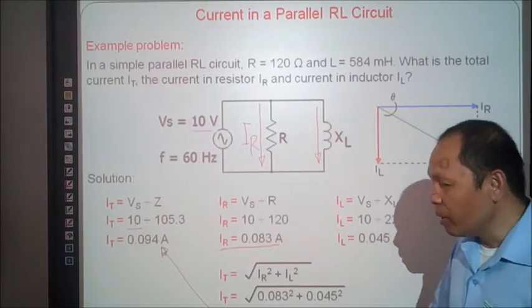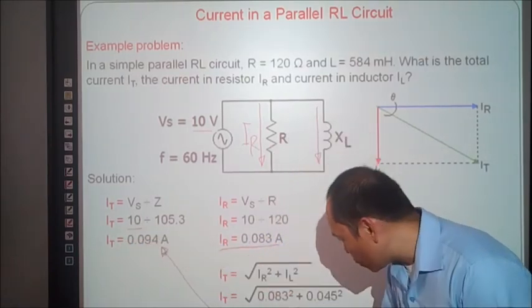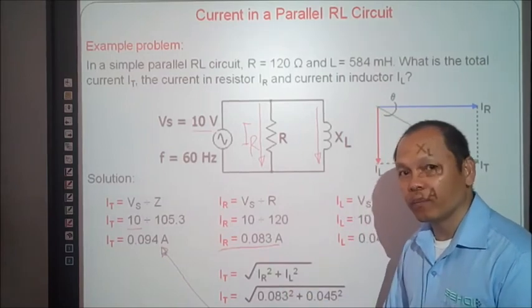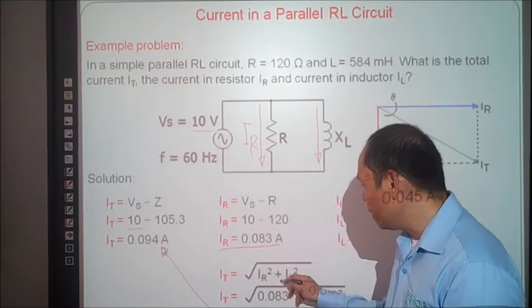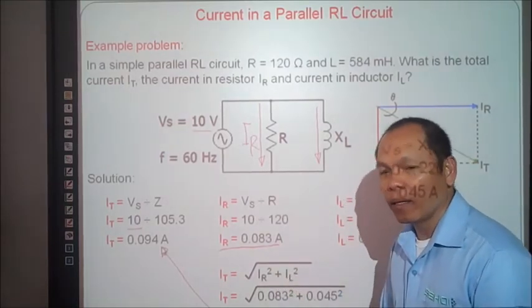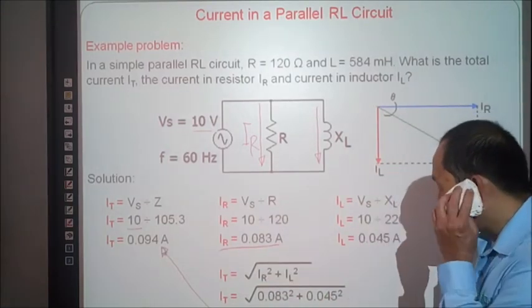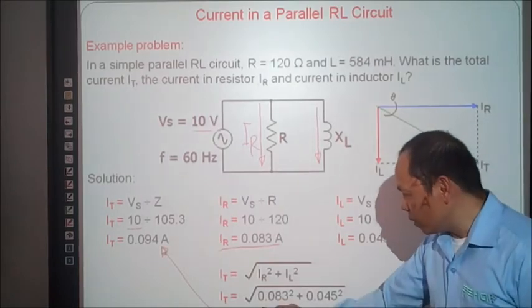Remember, guys, that the total current here should be equal to the total current here, using the square root or the Pythagorean theorem: the square root of IR squared plus IL squared. So this is now the total current.